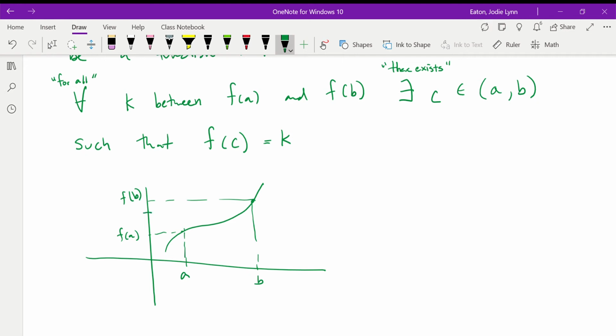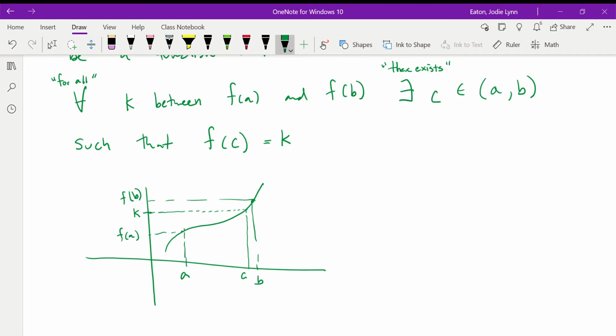Let's say you pick this k, and this is true for any k as long as it's between f of a and f of b on the y-axis. For any of these k's, there has to be some x value, some c, so that f of c equals k.